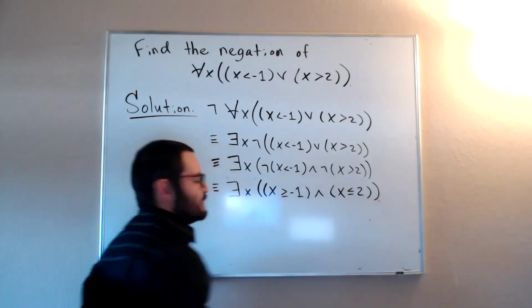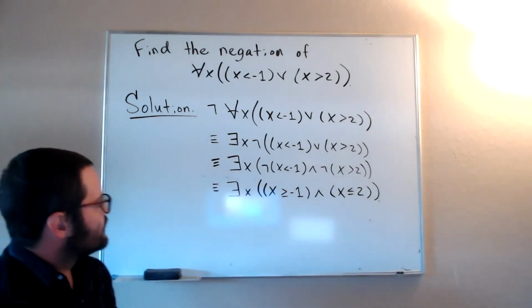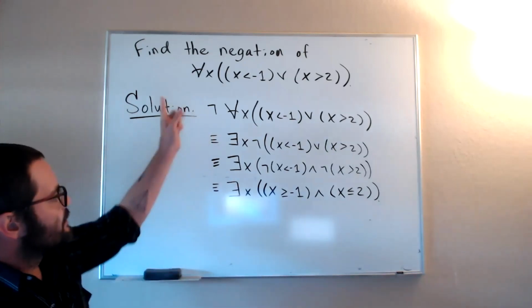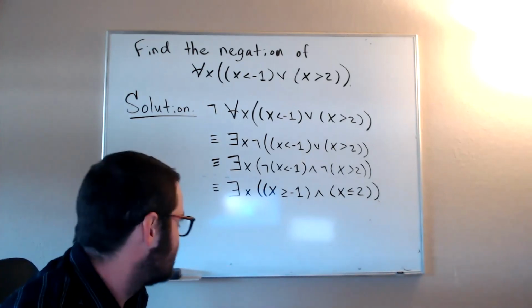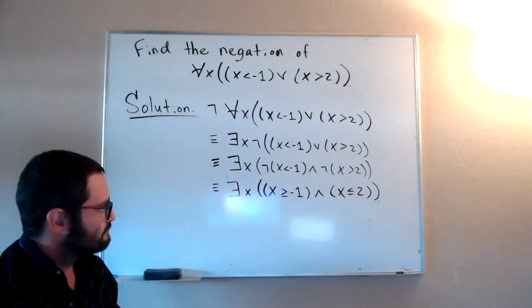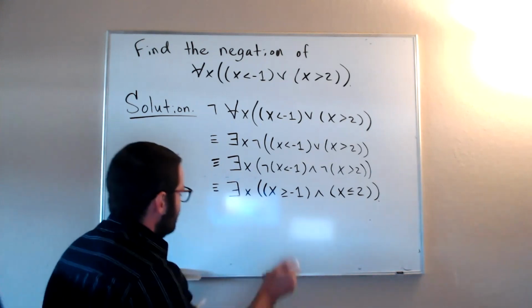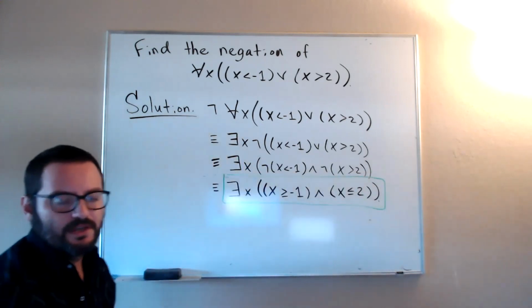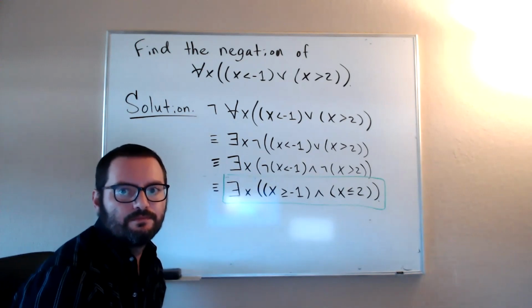And then we're done. So when I'm asking you to find the negation of something or to find a value, I'd like you, on the exam, to use a blue or red pen or some different color than what you're writing in, and just kind of box in your last step so I can clearly see what you mean to have the answer.